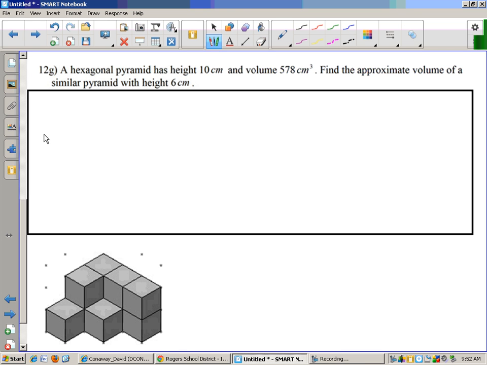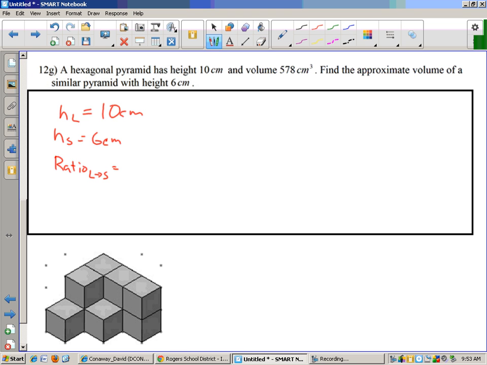What is the ratio of the 2 pyramids? What's the bigger pyramid's height? So height of the large one is equal to 10 centimeters. What's the height of the small one? So what's the ratio of the large to small? Right, you could reduce it, right?